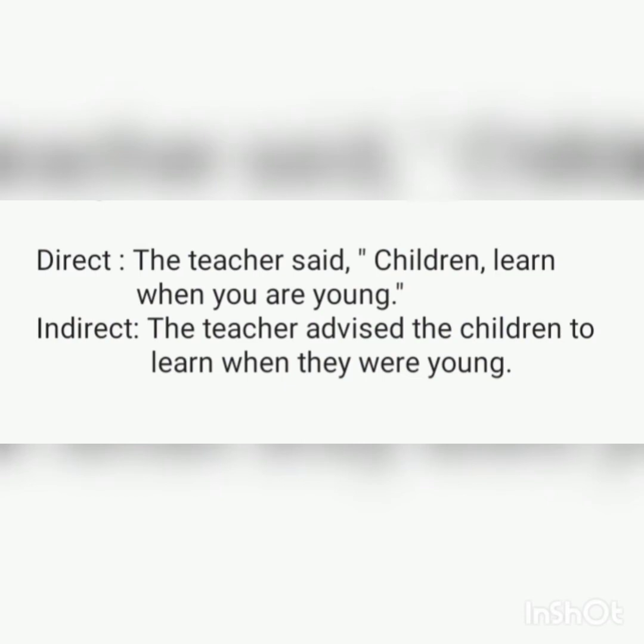And let us not forget to join the reporting verb and reported speech by using the infinitive, to plus the first form of the verb. Let's change into indirect speech. The teacher advised the children, and the infinitive to learn, to plus first form, to learn when, and here you belongs to the children, we can replace with they, and the past form of are is were young.